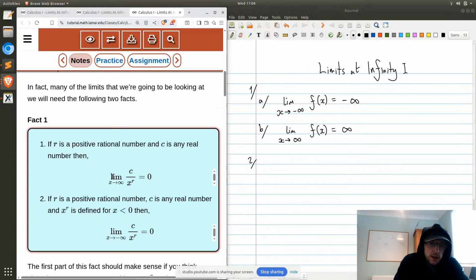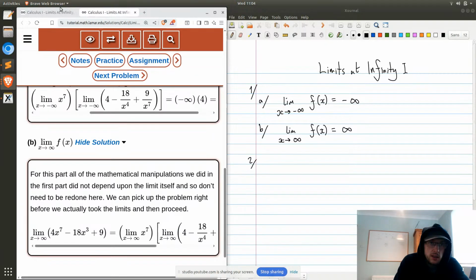So what is fact 1? If r is a positive rational number and c is any real number, then the limit as x approaches infinity of c over x to the r is equal to 0. Right, so yes, I mean, of course I believe these things, right? But anyway.